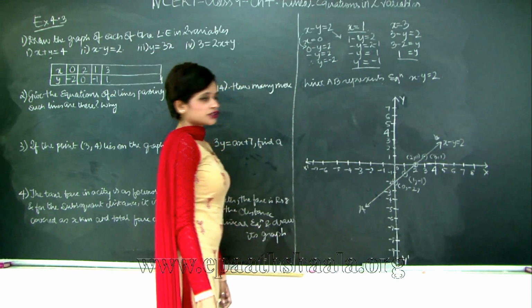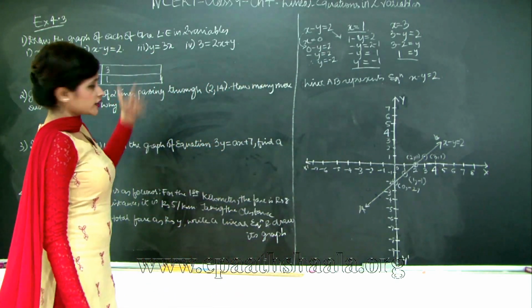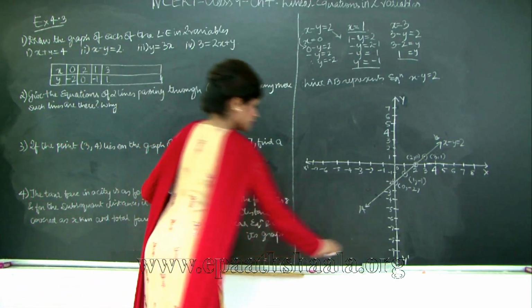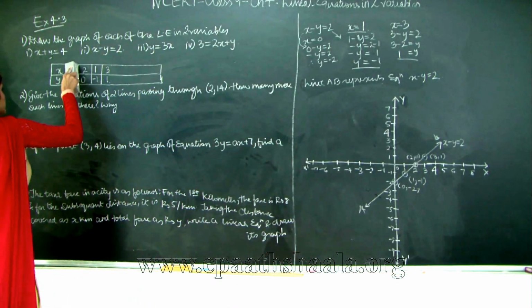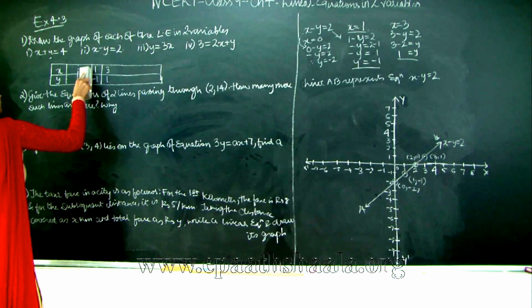Simple. So, let us go ahead with the third question, y is equal to 3x. Again, I am using the same table and the same graph. So, erasing the values.